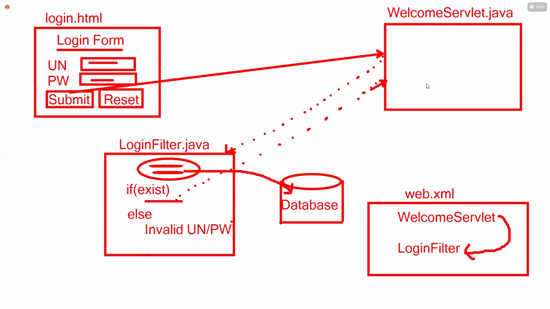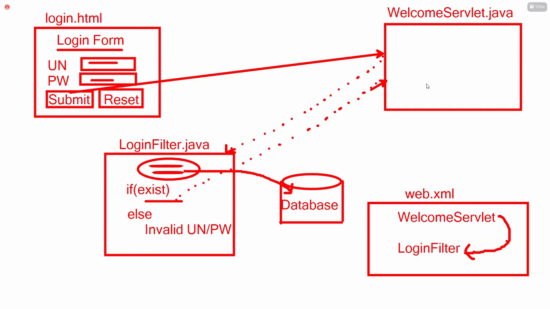Now you observe the dotted lines I gave, no, this is dynamic. When you click submit button, control comes to which servlet? Welcome servlet. But the welcome servlet is not executed. Here I already configured: whenever a request comes to the welcome servlet, divert the control to the login filter.